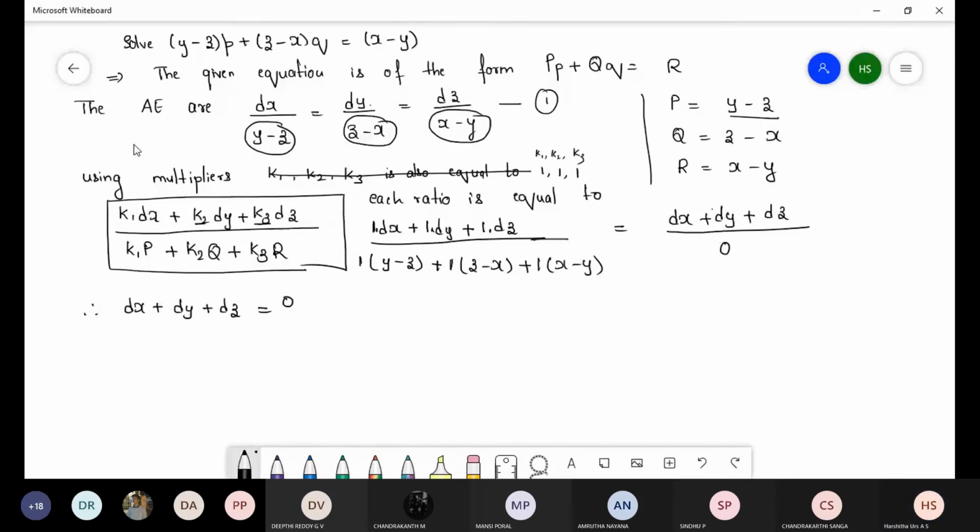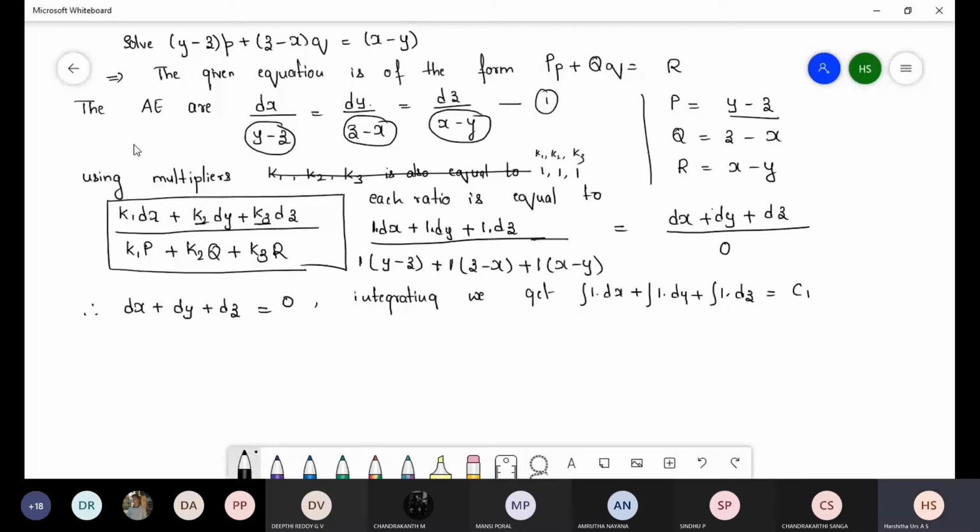Integrating, we get integration of 1 into dx, integration of 1 into dy plus integration of 1 into dz is equal to C1.